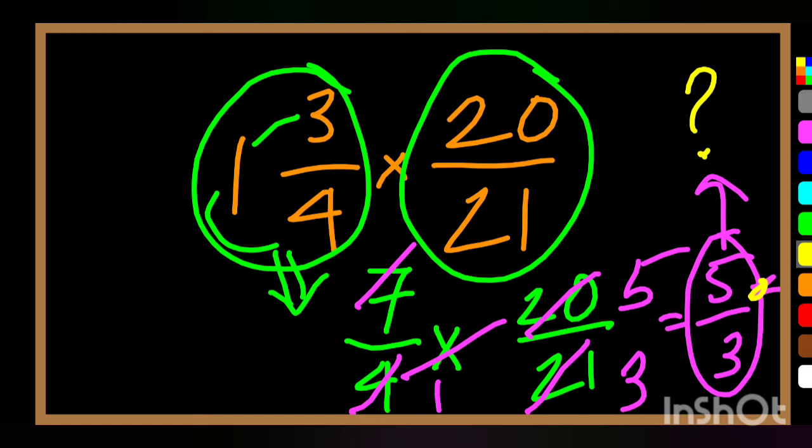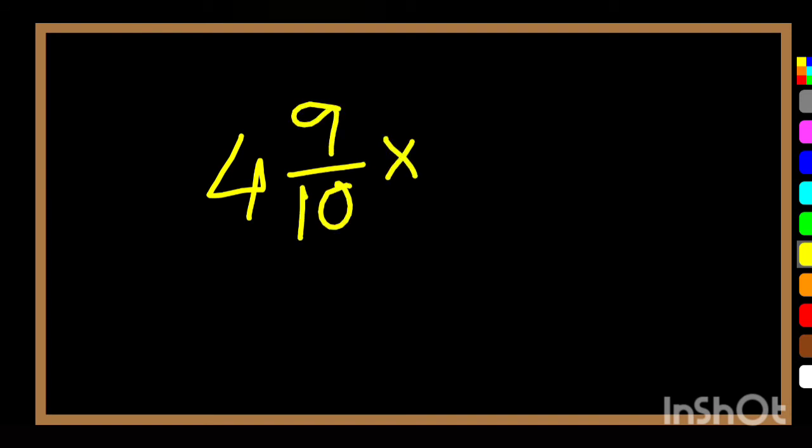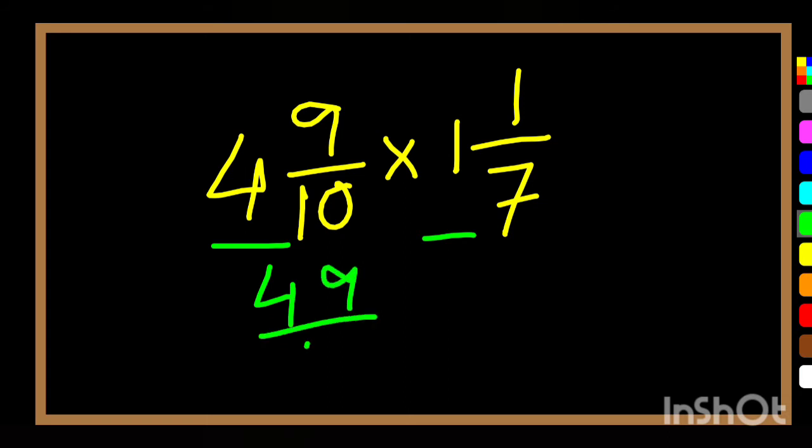So let's take another example. Suppose we have the fractions 4 whole 9 by 10 and 1 whole 1 by 7. What would you do? First step, as I said, we will convert these two mixed fractions to improper fractions. So it is 49 by 10, and for this one it is 8 by 7.